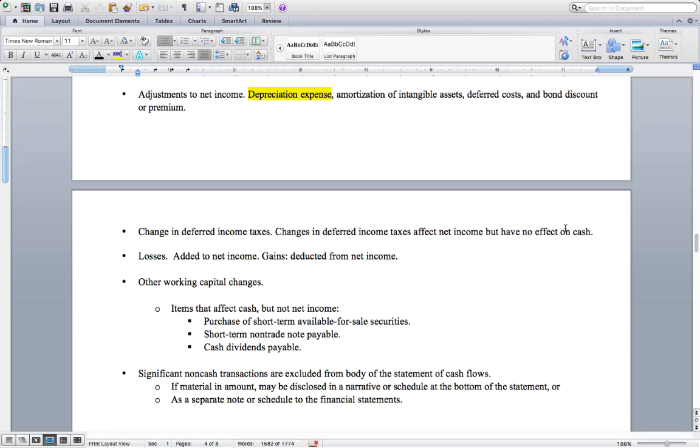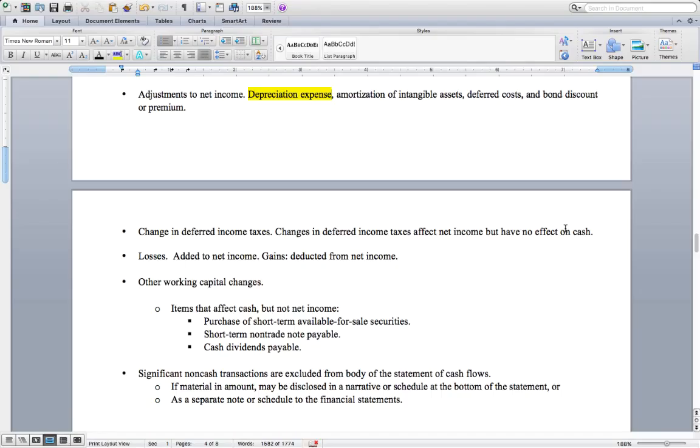You will not be required to know that for any exam, homework, or quiz. And if something gets on one of those with this deferred income tax part, you will be rewarded the points as long as you communicate that to me. Losses are added to net income and gains are deducted, similar to what we just previously mentioned.